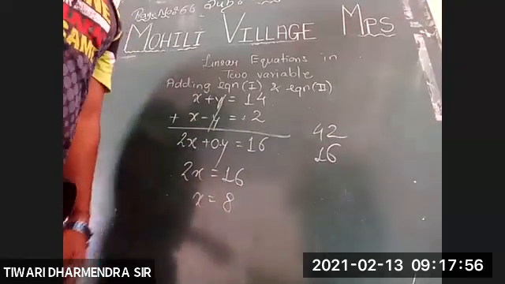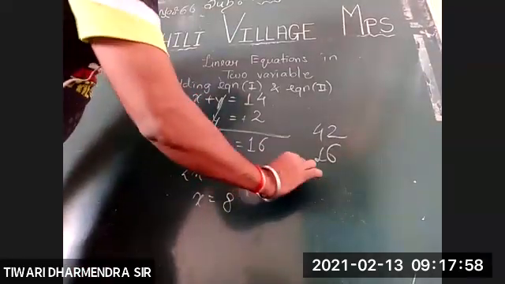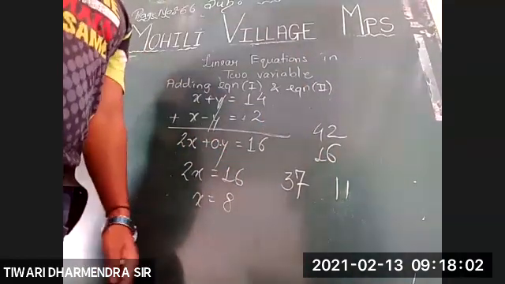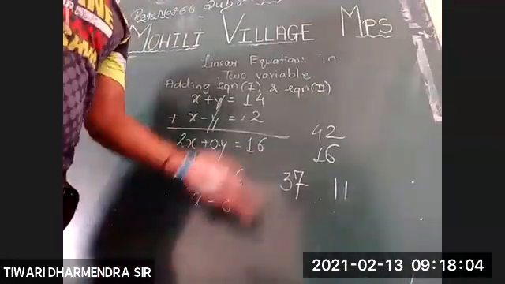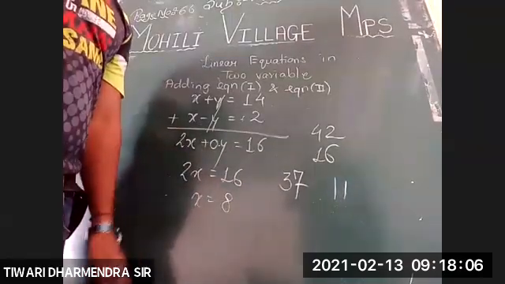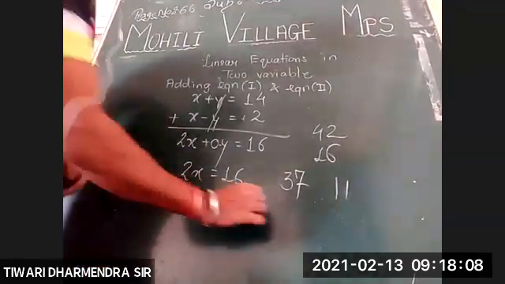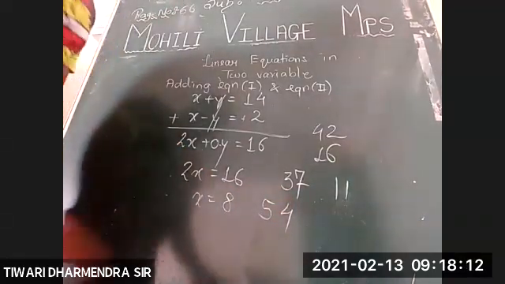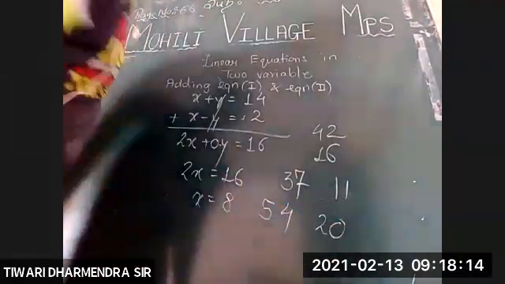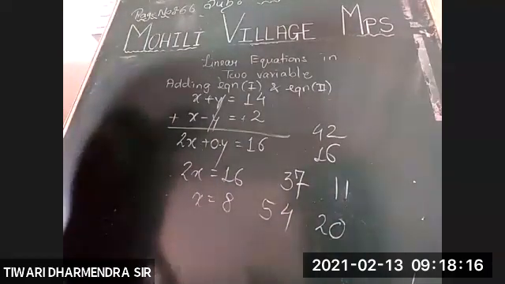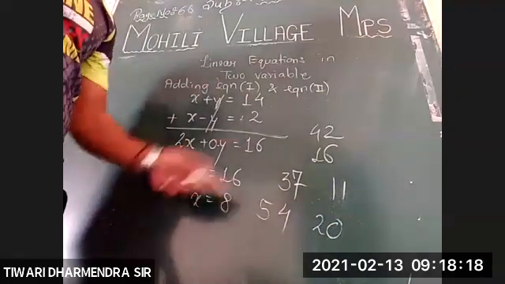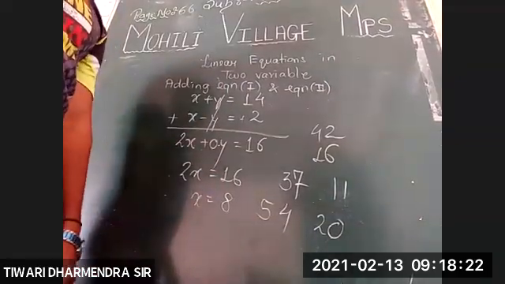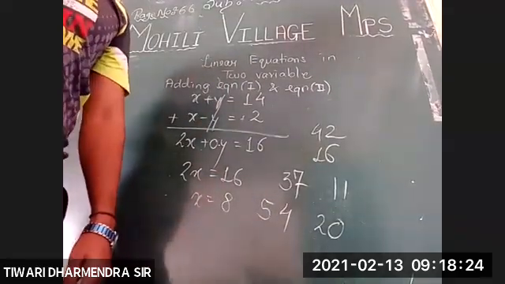Also, you can tell them if addition of two numbers is 37 and subtraction is 11, then tell me the two numbers. Addition of two numbers is 54 and difference is 20. Find those two numbers, and so on. Many such values you can find from your side.